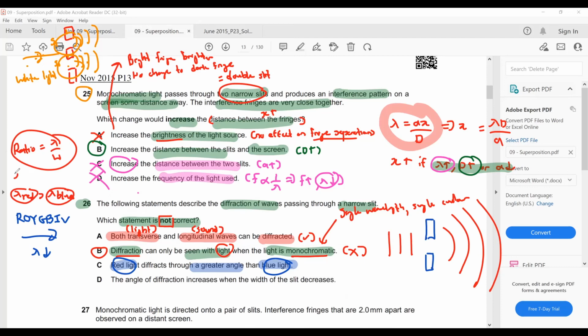Okay, so if wavelength is bigger, I expect the ratio to be bigger, therefore more diffraction. Okay, this one I'm comparing for red light. Red light is bigger than blue light, so wavelength increases, ratio is increasing, therefore more diffraction. So this one is actually supposed to be correct.